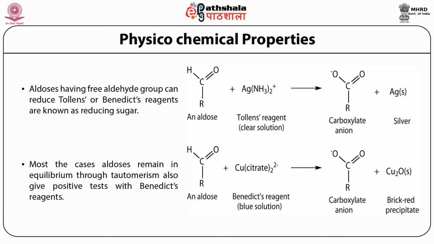And they also react with the Benedict reagent, which is blue in solution having copper ions. The aldose, which is a reducing sugar, reduces this copper citrate and the copper oxide, which is brick red in color, precipitates out. Therefore, determination of the concentration of reducing sugar is done by the Tollens and Benedict reagents.